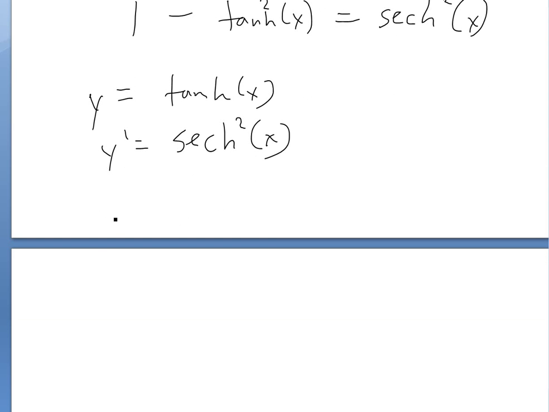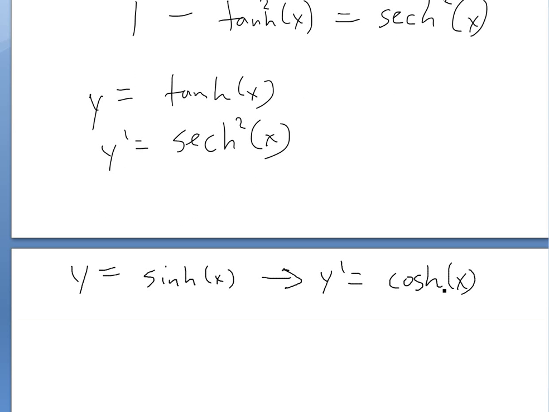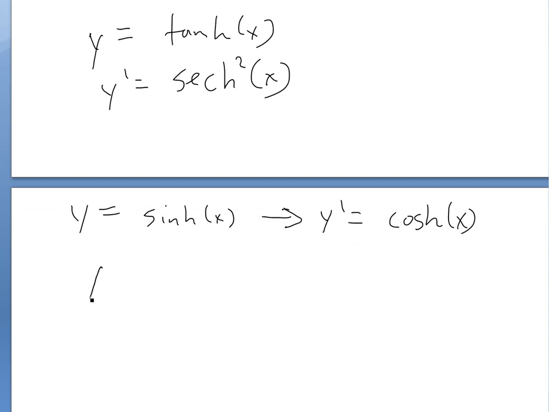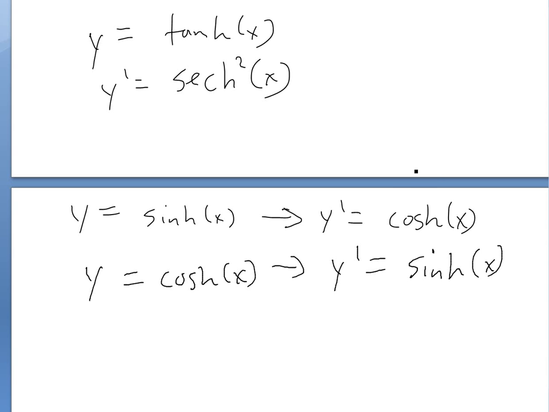And if you have y equal to sinh of x, y prime is equal to cosh of x. And similarly, if you have y equal to cosh of x, then y prime is equal to sinh of x, no squared.